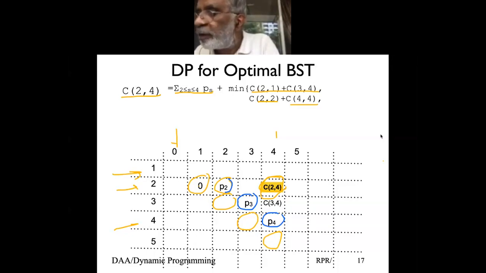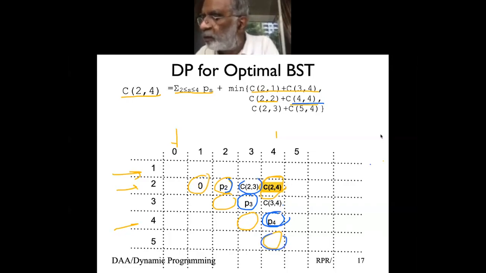So C24 is C21 or C34, C21 is 0, and this is C34, plus C22 is P2, C44 is P4, and this is my C23, and C54, which is 0, and this is what I basically get.